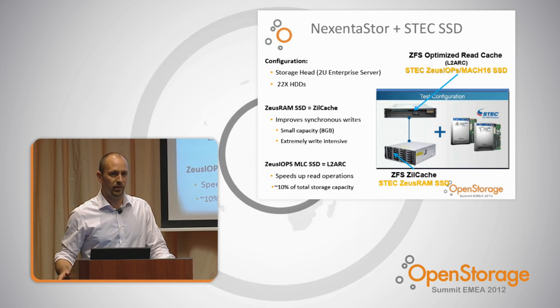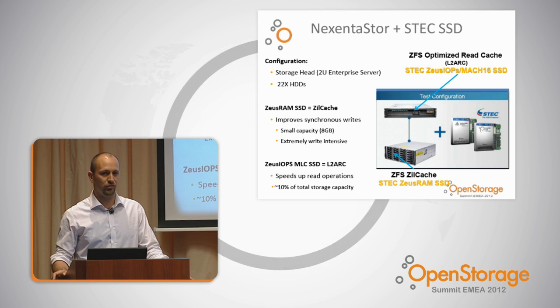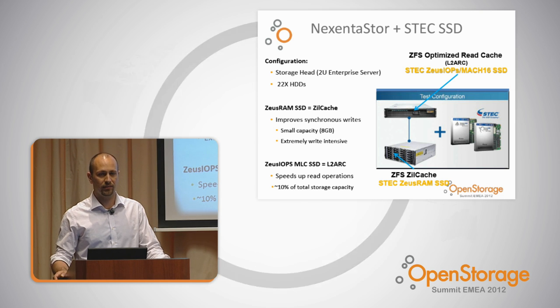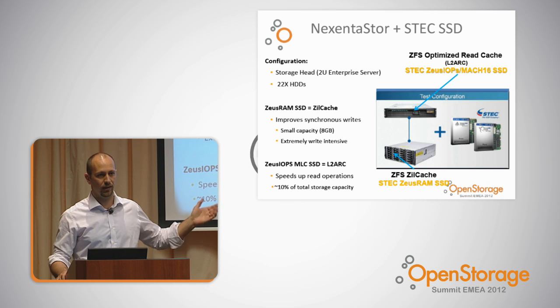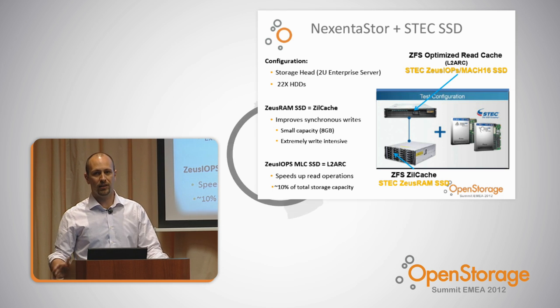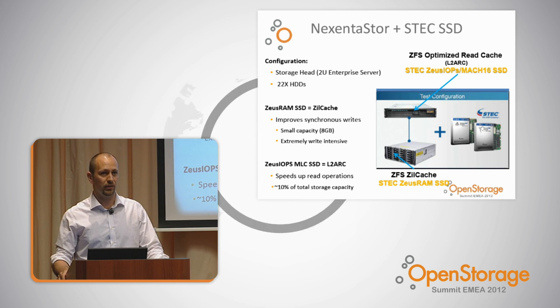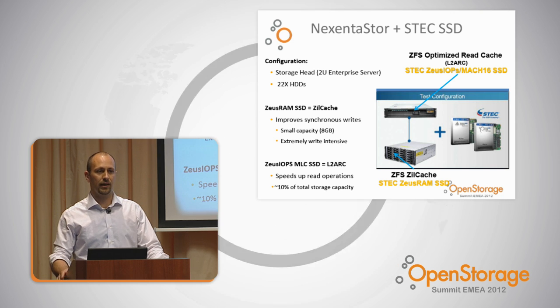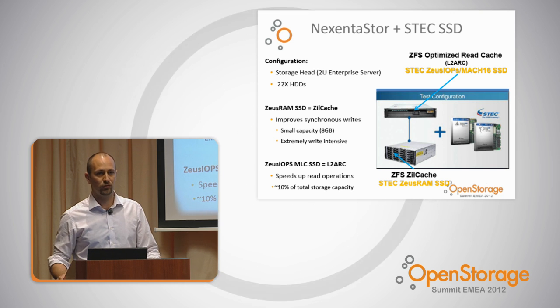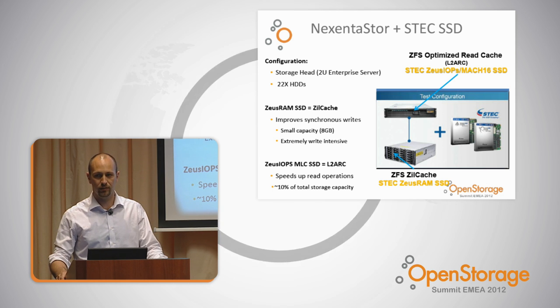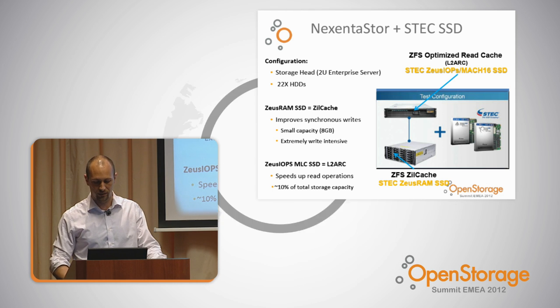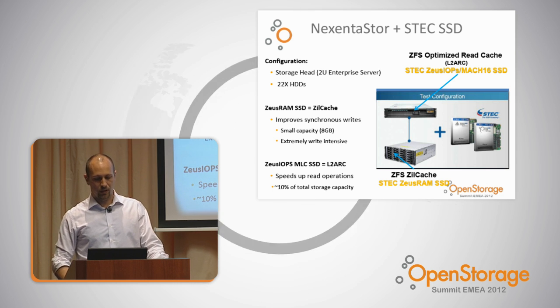Most of the deployments we see are with 2 Zeus RAM for redundancy reasons, and 1 or 2 Zeus IOPS as a read cache, but this depends heavily on the performance that you need to achieve. There are deployments with 2 Zeus RAM and even 10 or 12 Zeus IOPS, depending on the performance required. We have been very successful with the Zeus RAM.